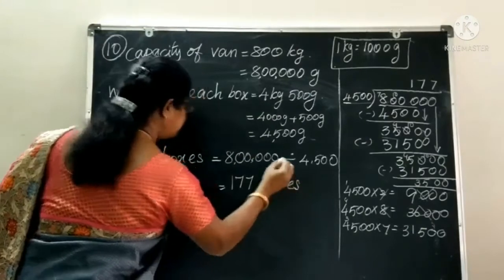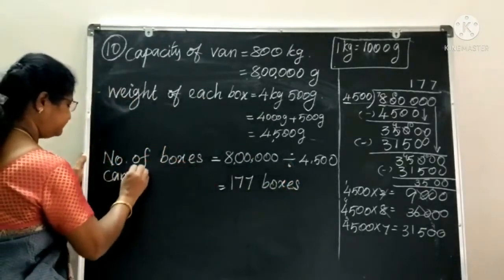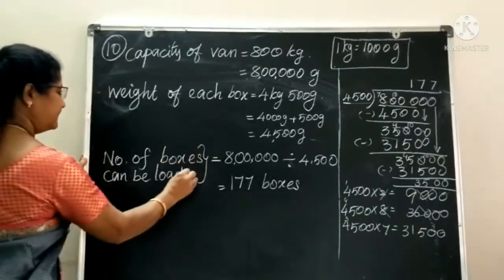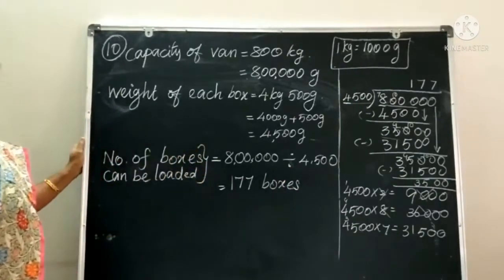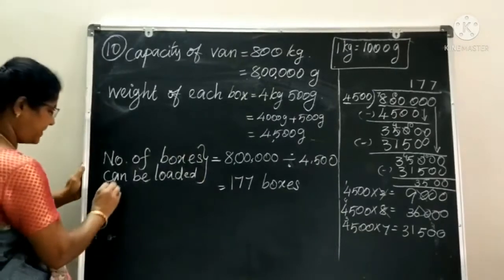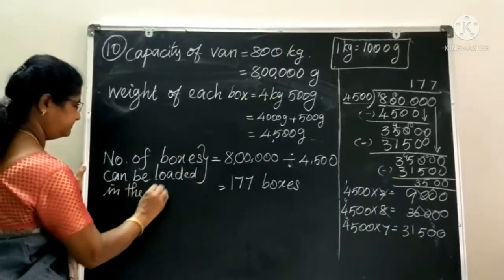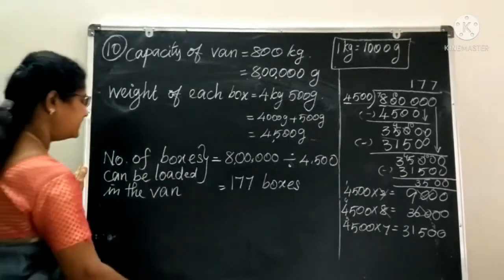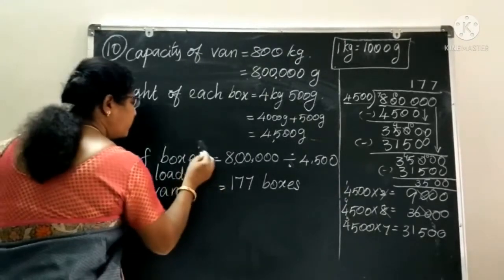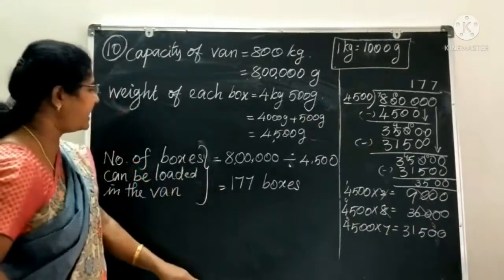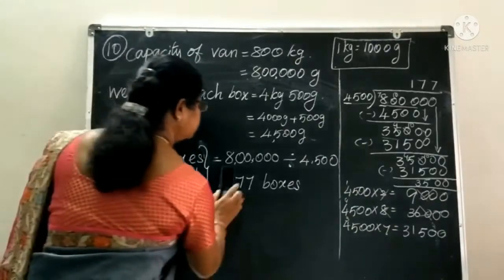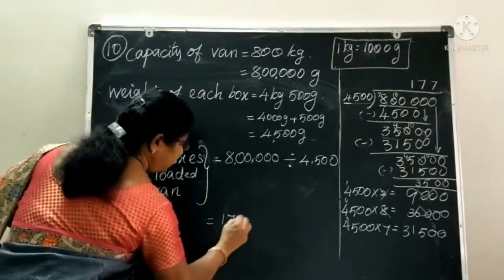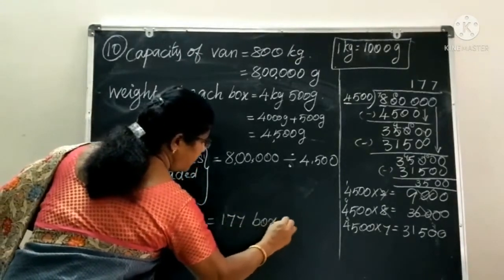The number of boxes that can be loaded in the van is equal to 177 boxes.